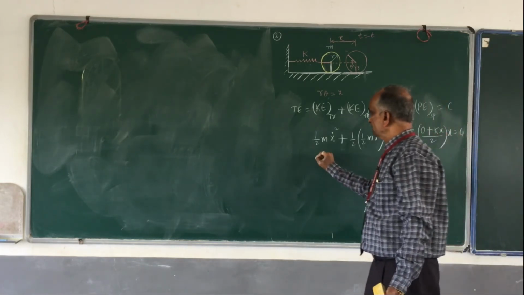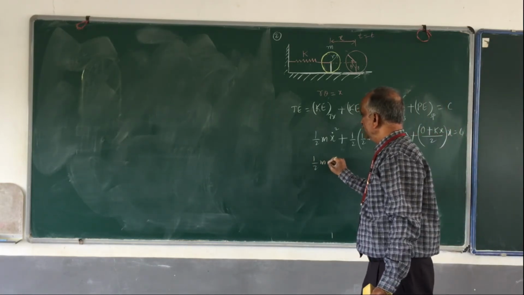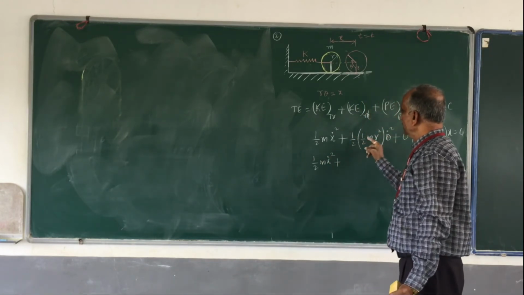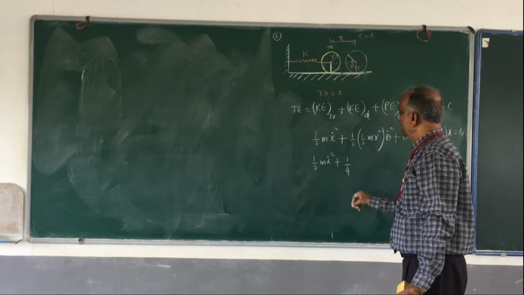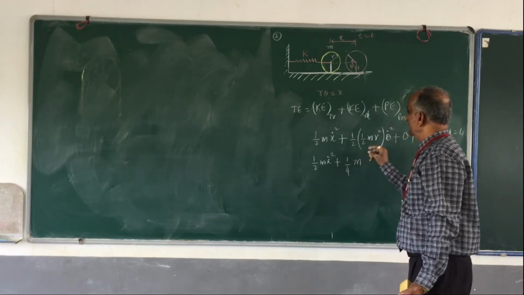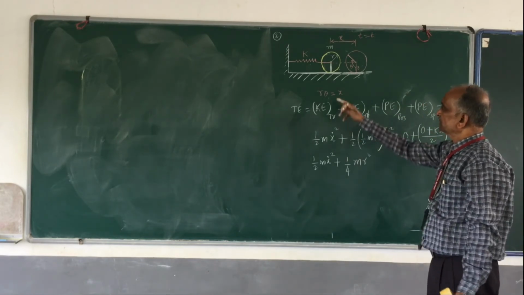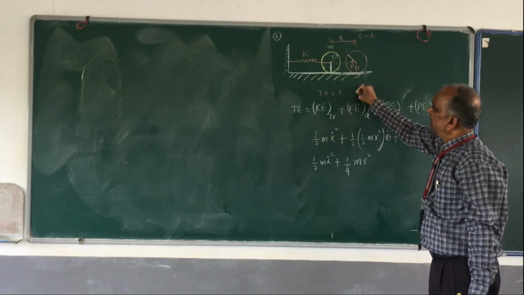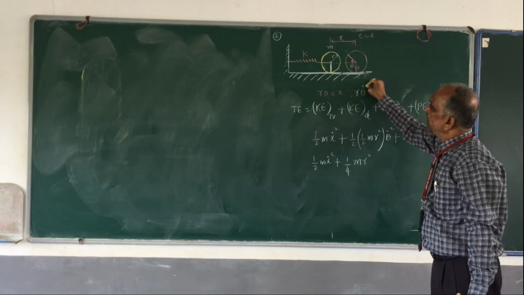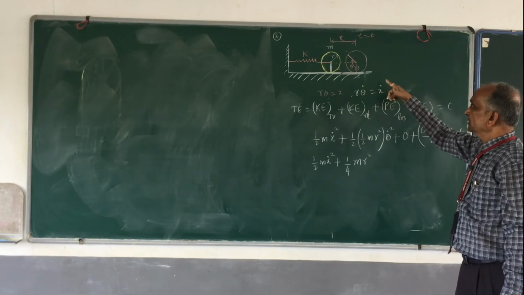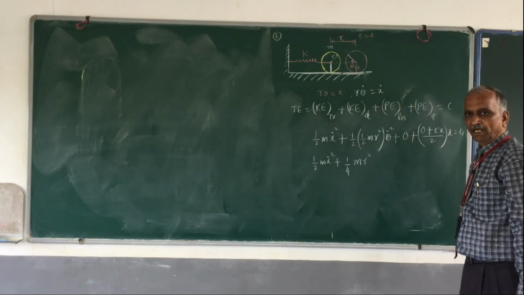So this is equal to half m into x dot square plus half into half, I shall take 1 by 4 m r square, theta dot square. On the same line, r into theta dot is equal to x dot. Theta dot is equal to x dot divided by r.